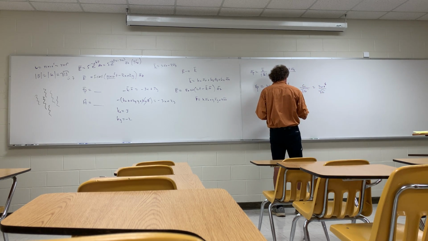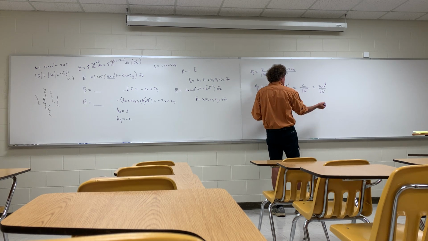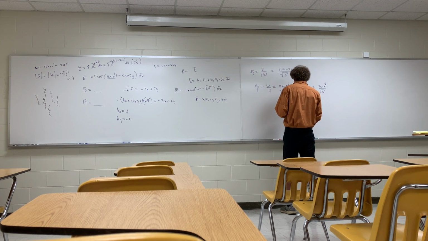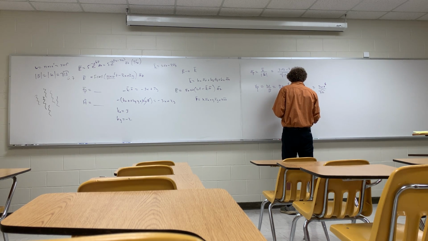Take a look at this. The square root of epsilon relative is going to be equal to, if I cross multiply by the square root of epsilon relative, 3 times 10 to the 8th divided by pi times 10 to the 6th, times the square root of 13.